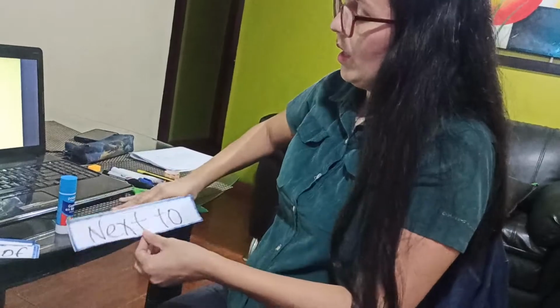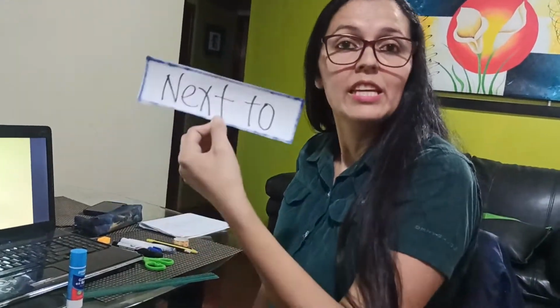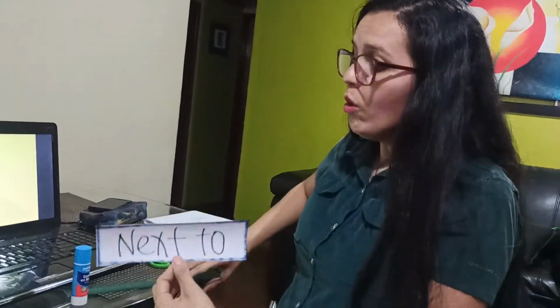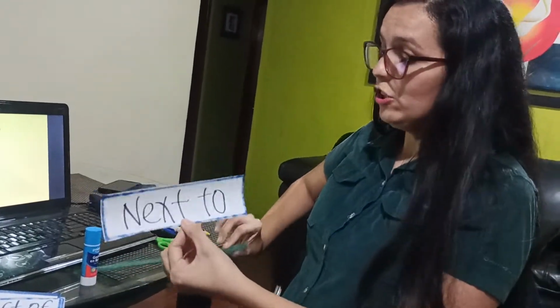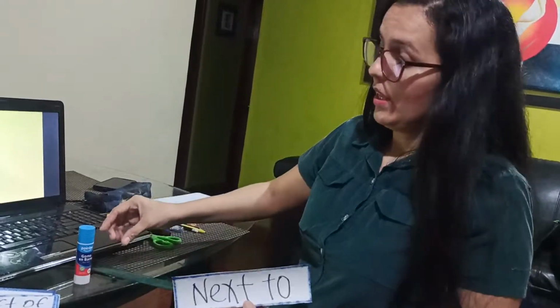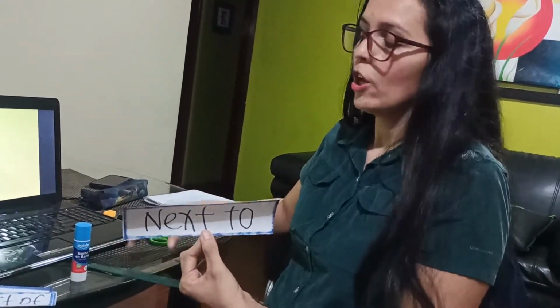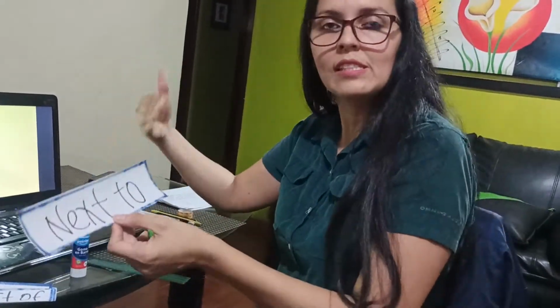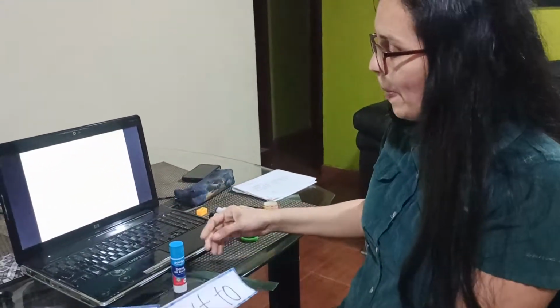So, the student is going to say, the glue stick is next to the ruler. Okay? Good. Now, this student is going to ask the same question to another student.